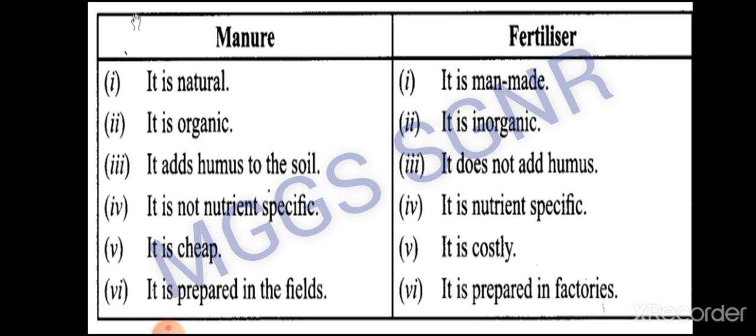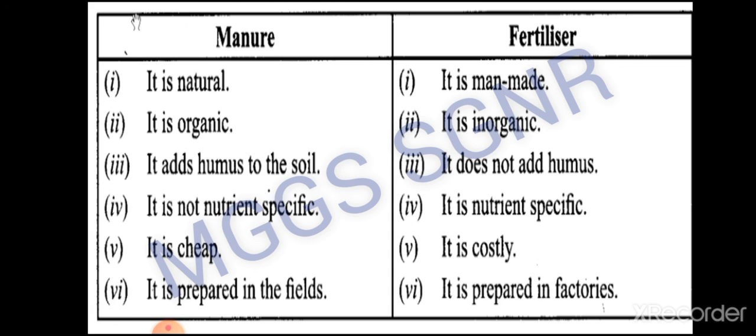By observing all these points of differences between manure and fertilizers, we came to know that manures are more eco-friendly. Not more, I should say it is totally eco-friendly, because fertilizers can cause soil pollution also. It can cause water pollution also. But manures are not doing any type of pollution.